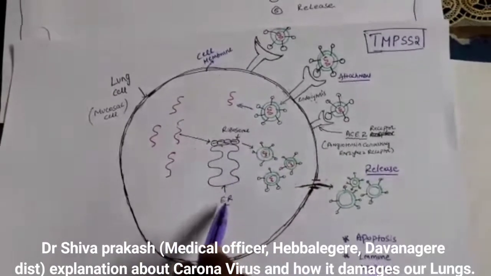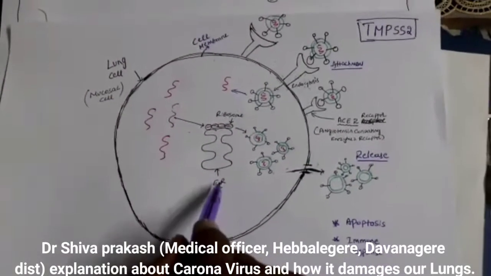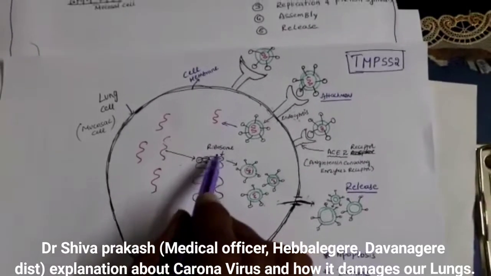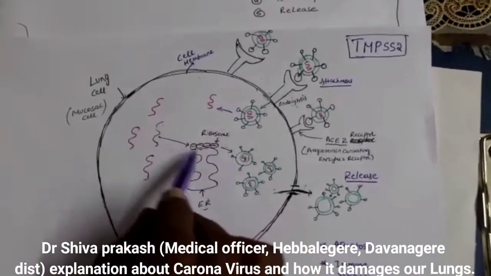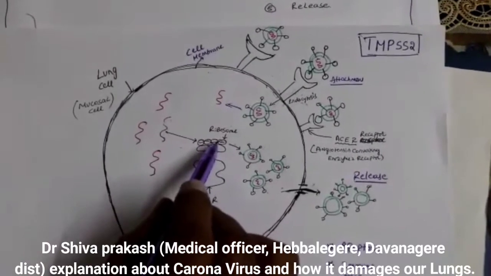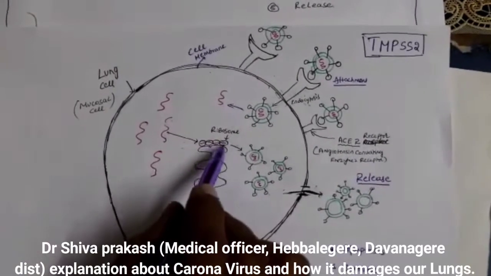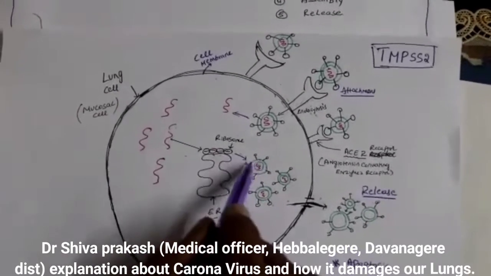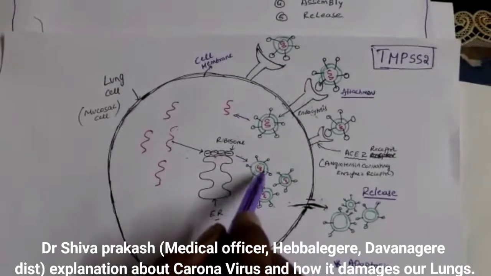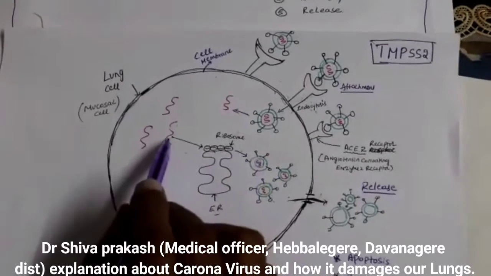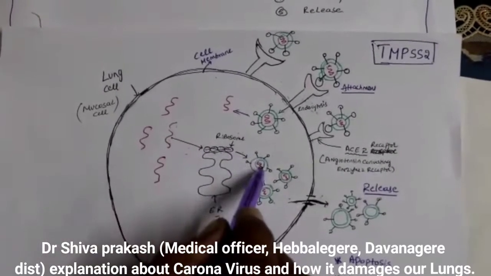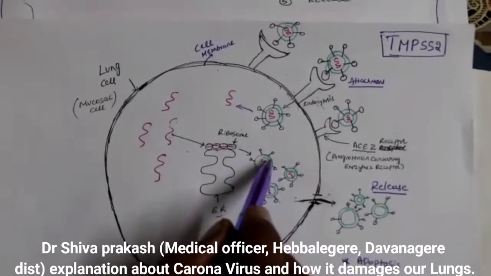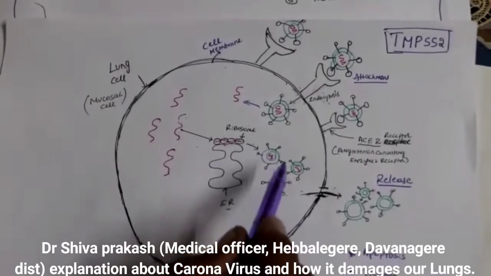In the mucosal cells there are endoplasmic reticulum and ribosomes above the endoplasmic reticulum. Then the RNA enters the ribosomes and the ribosomes start synthesizing new protein molecules. The released RNA fits into the newly formed protein molecules, and the fresh coronavirus is formed inside the cell.